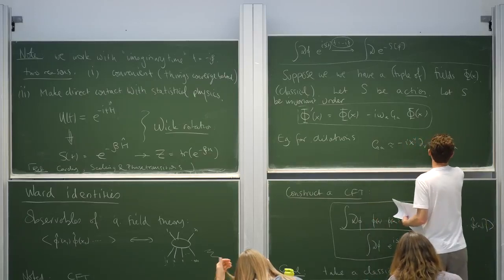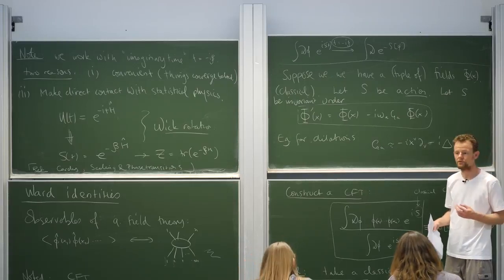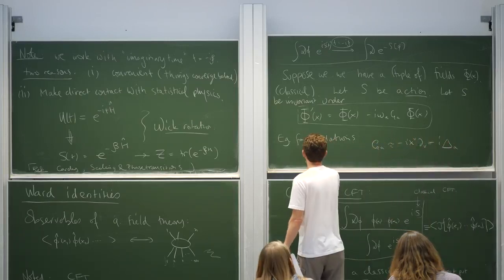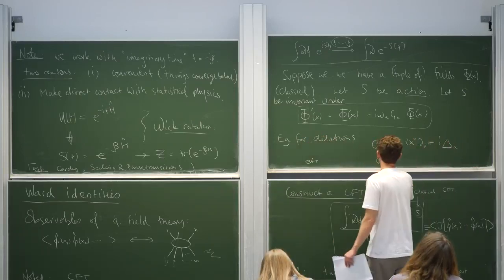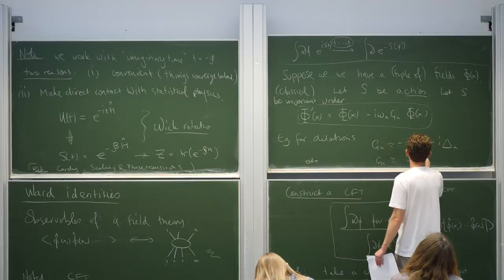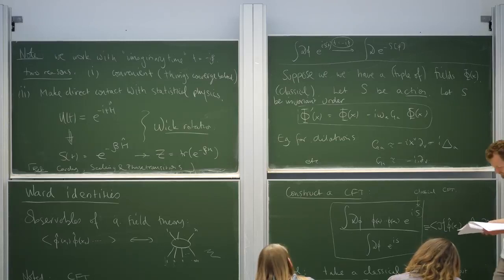So we've seen the generators for all the conformal symmetries, and there's formulae for all the others. I mean, translations, this is just minus i delta nu for translations, and similarly for all the rest.